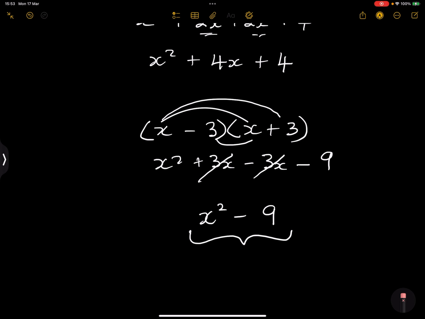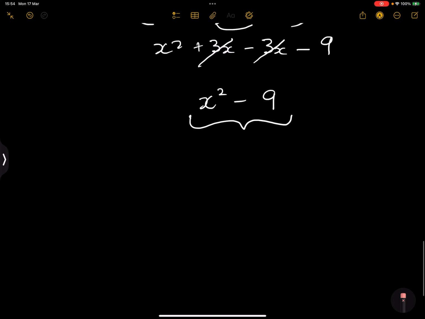Right, and finally, we are going to take the last one, which is going to be the product of a binomial and a trinomial.